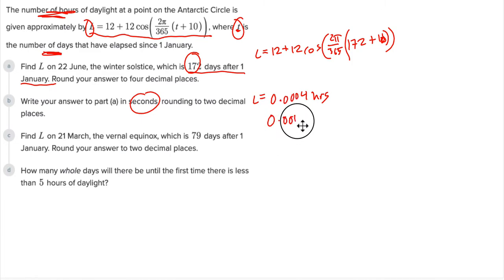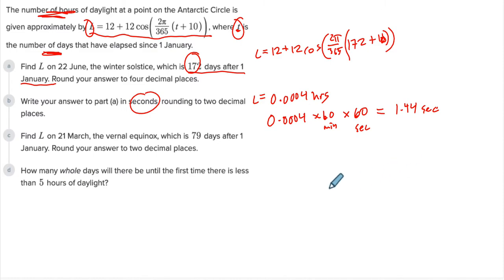So 0.0004 times 60 represents the minutes, times another 60 represents seconds. When we multiply all that out, we end up with 1.44 seconds, and I rounded that to 2 decimal places.